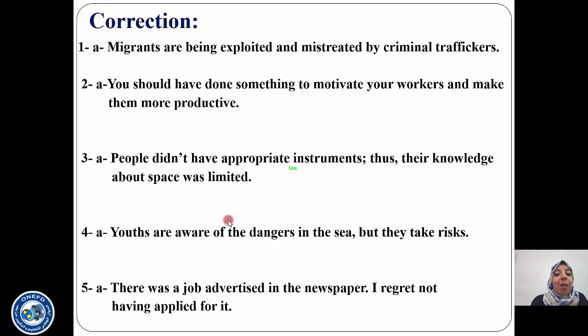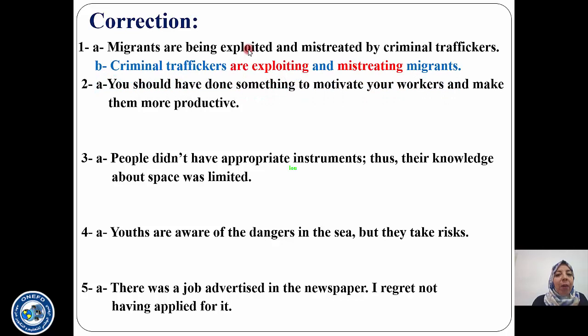Migrants are being exploited and mistreated. So what tense is this? Are being exploited. You have here the present and you have the ing form, okay? So this is the auxiliary to be, which is in the present continuous, plus the past participle of the verb. So my passive sentence is in the present continuous. That's why I have to use the same tense in the active sentence, starting with criminal traffickers are exploiting.